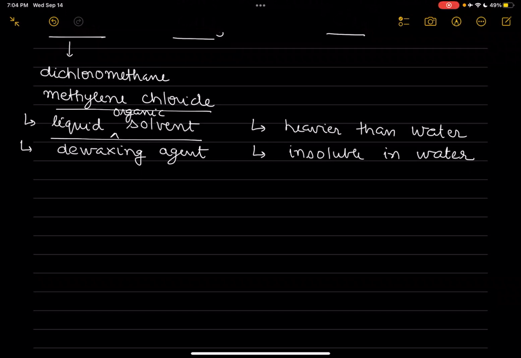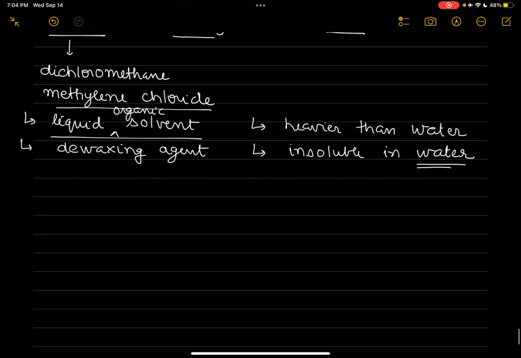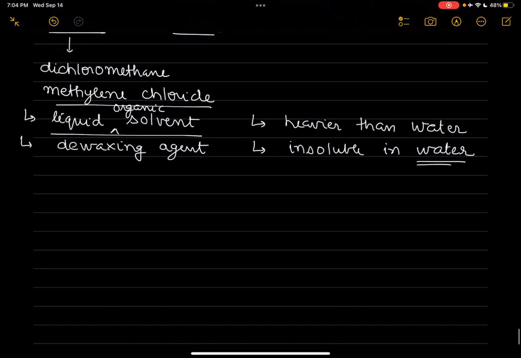Organic compounds, as we have studied, follow like dissolves like. Water is good for dissolving ionic compounds like NaCl, which are plus and minus. But this is a covalent compound, and covalent organic compounds normally do not dissolve in water because they are less polar.